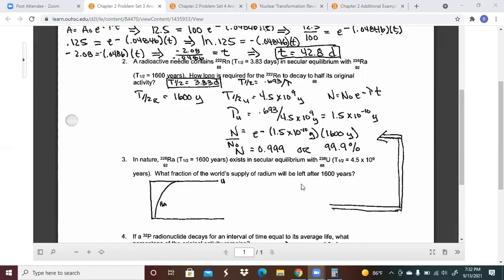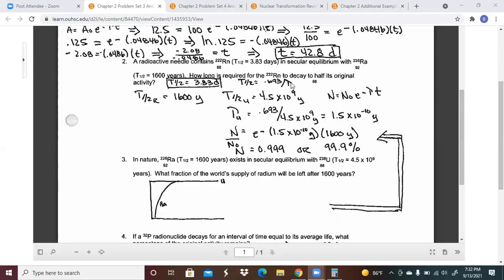What fraction of the world supply of radium will be left after 1600 years? Okay, so we know that the half-life of radium here is 1600 years. They tell us that. We can determine here what lambda is if we know what the half-life is.